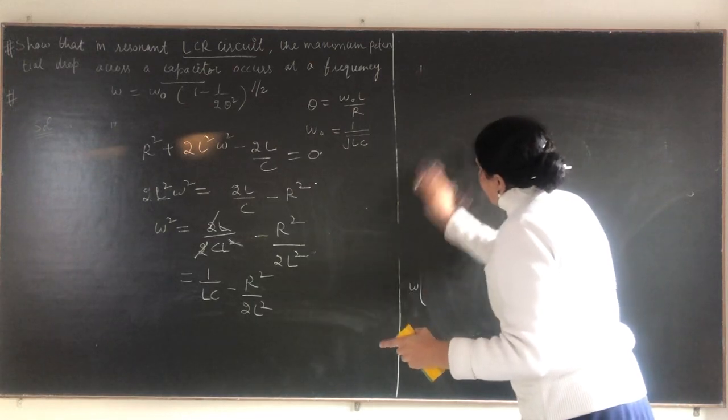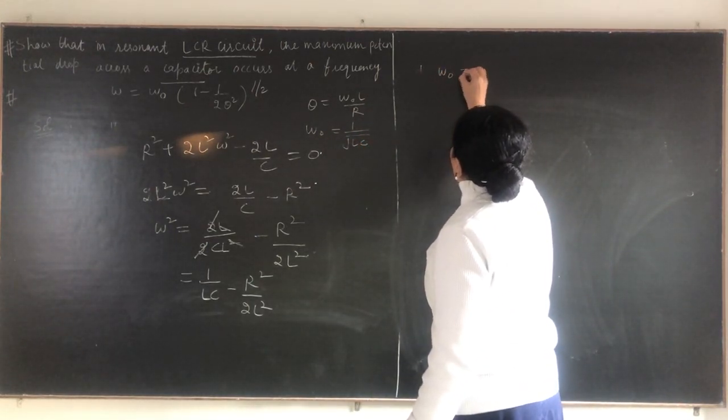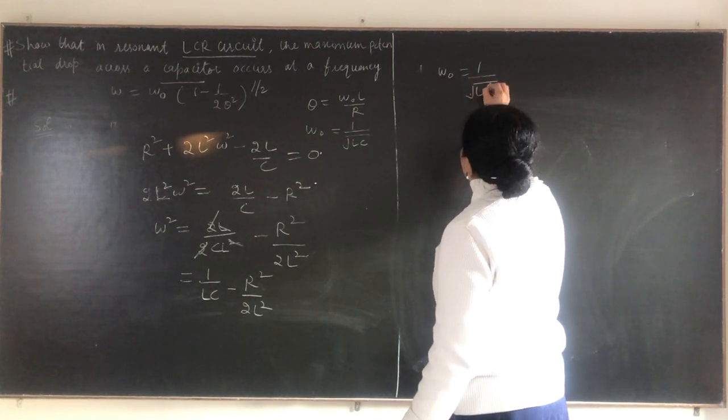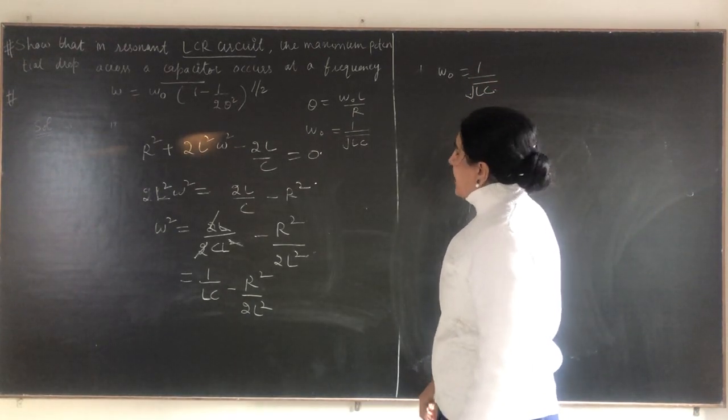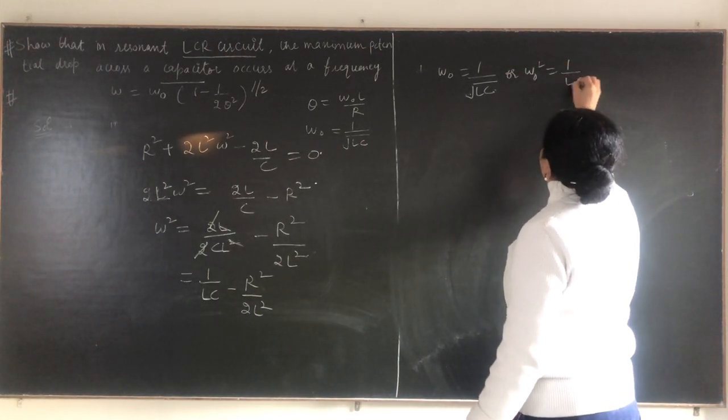We can make this by taking this result, that we know that omega naught is equal to 1 over under root LC, or omega naught square is equal to 1 over LC.